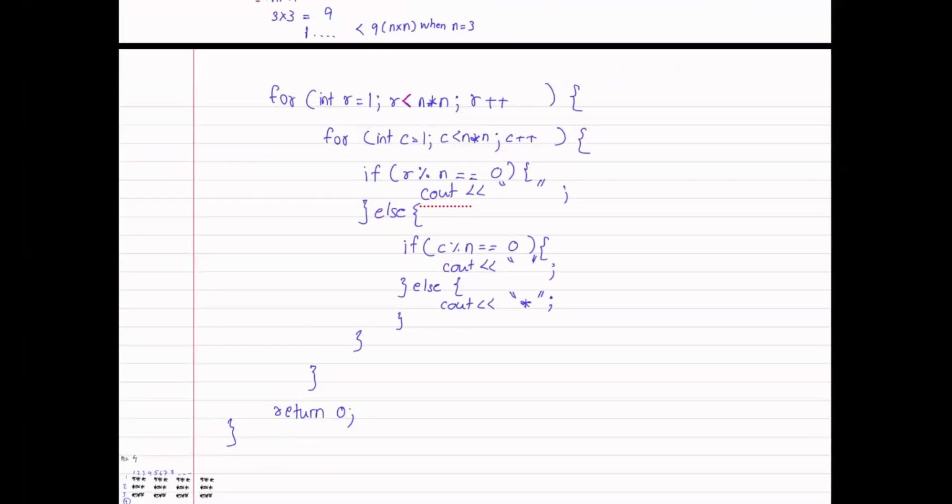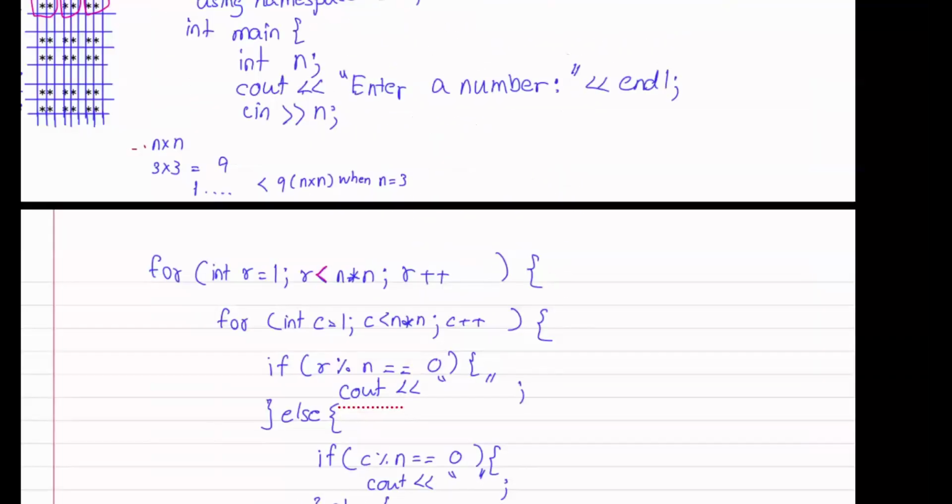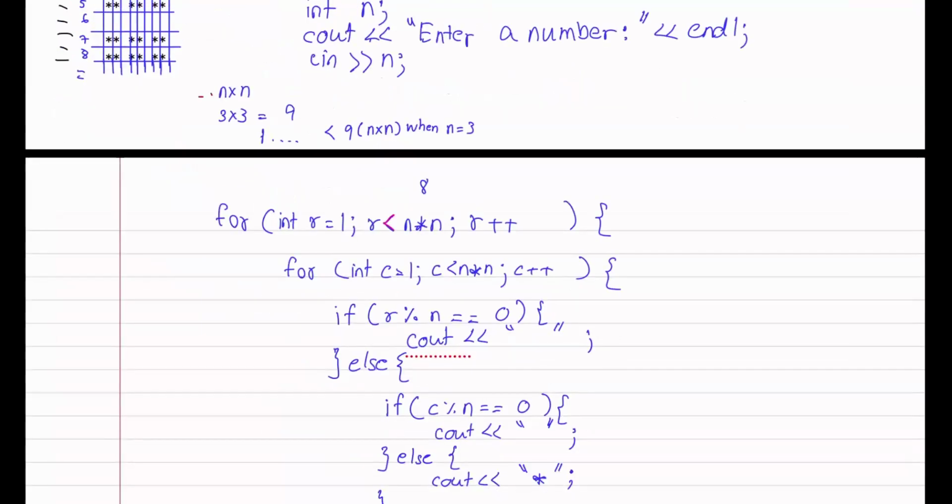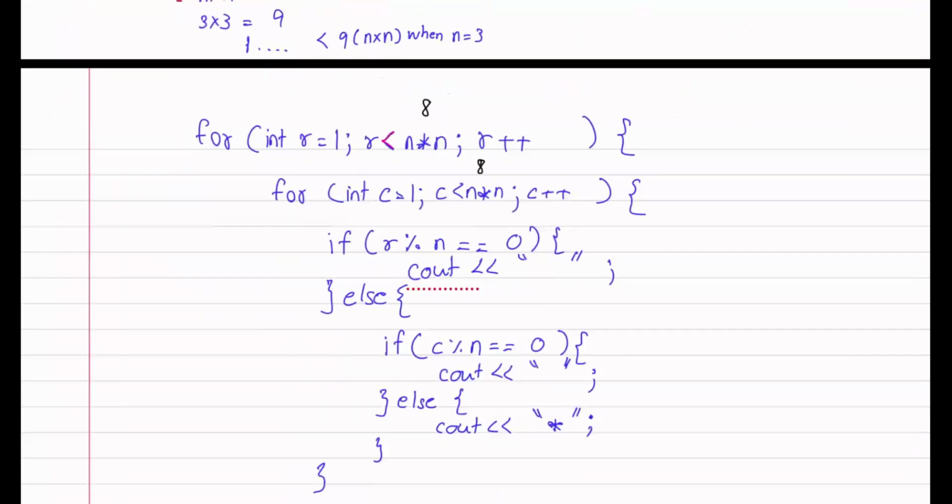Okay, so let's run through it. First, you ask the user to enter a number, cin n. So if the user enters n, this is 1 to 8. If the row is 1, 1 divisible by n, meaning 1 divisible by 3, is not equal to 0. So you go here, and then you check if the column is 1.